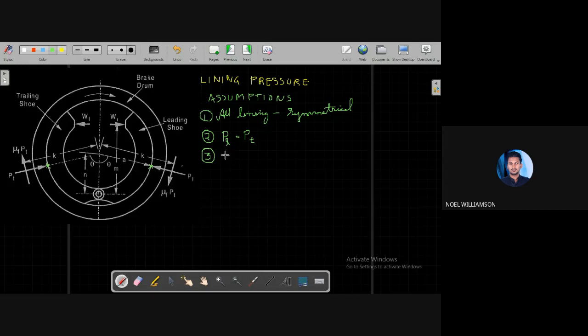That is the third assumption: PL acts at the lining contact of the leading shoe, and PT acts at the lining contact of the trailing shoe.